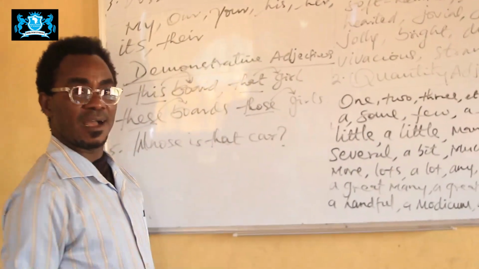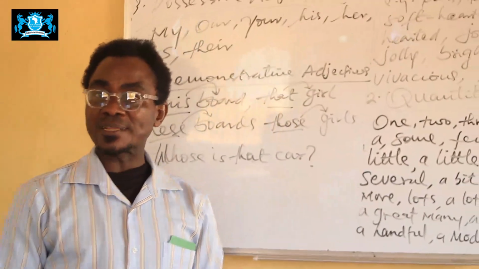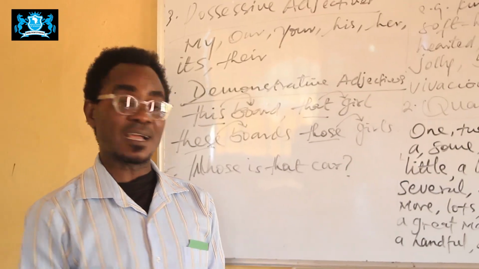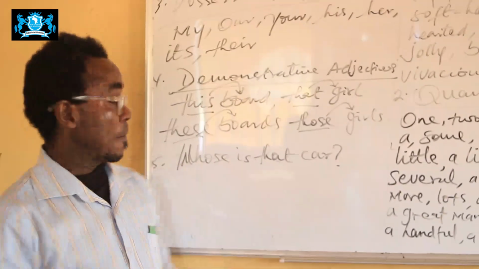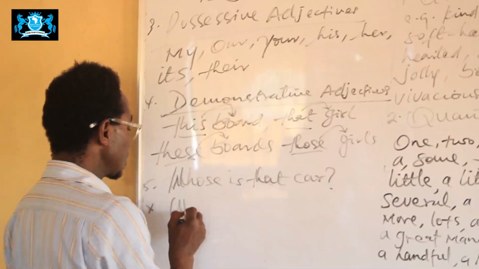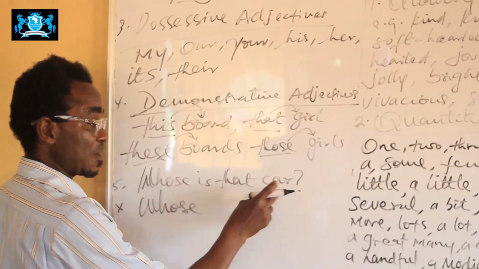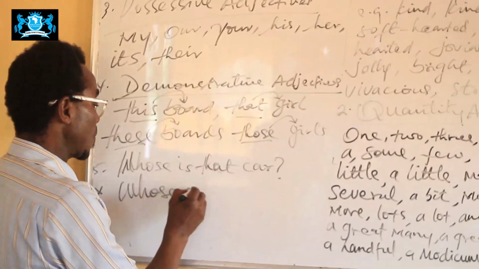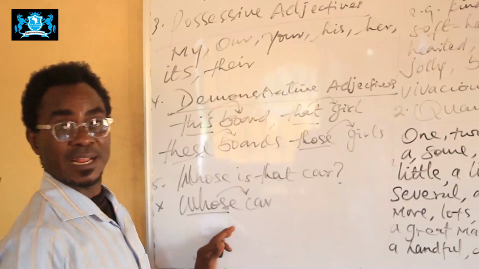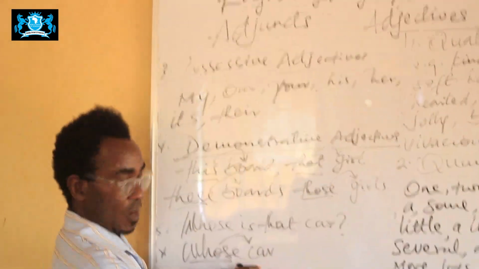This tries to find out who owns a car. But the same sentence can also be written as whose car. So instead of car coming at the end of the sentence, we put it directly after the word whose, which is now an adjective, qualifying car.